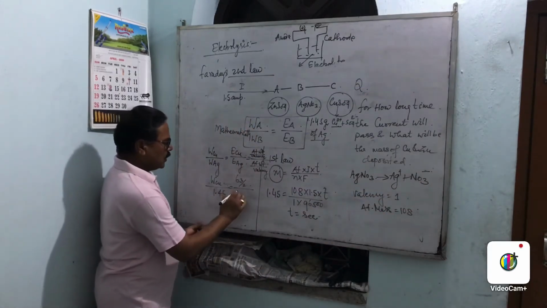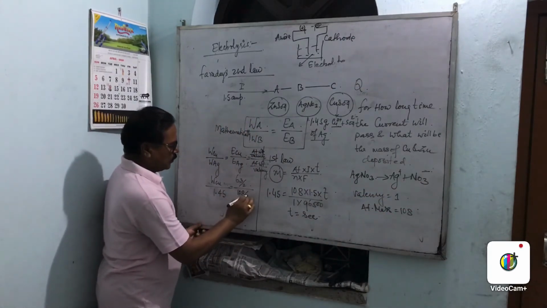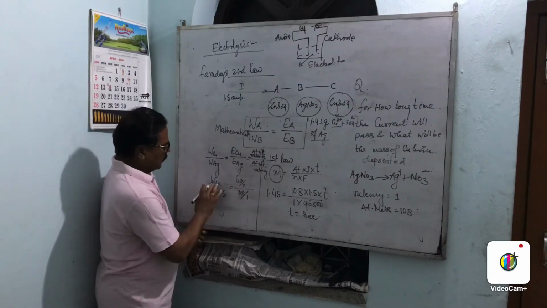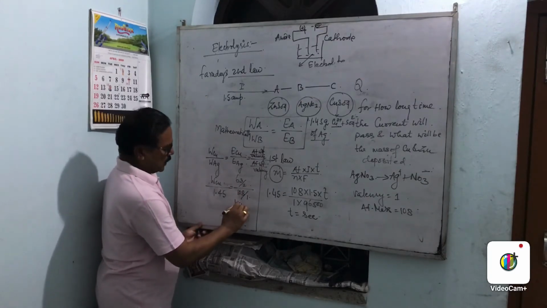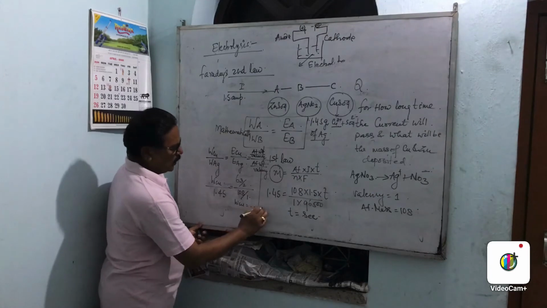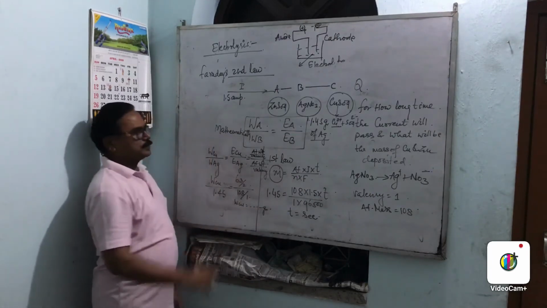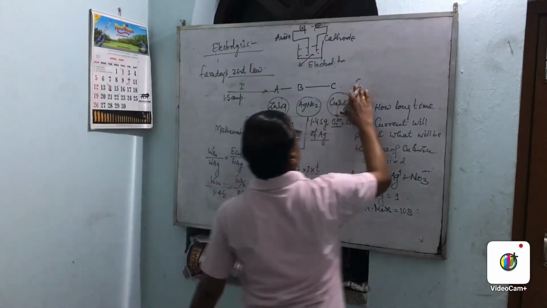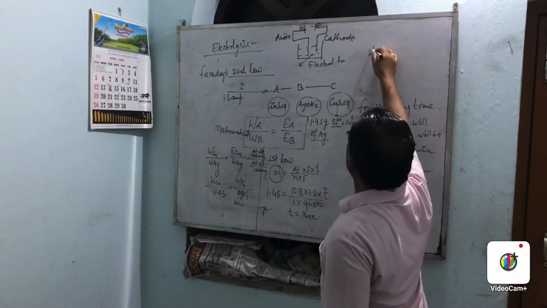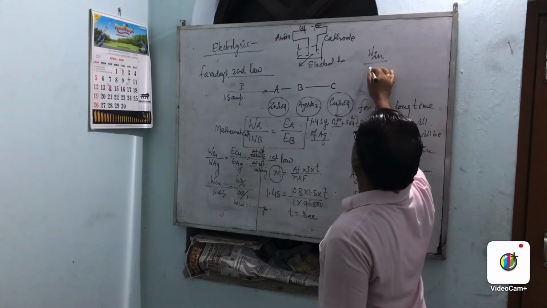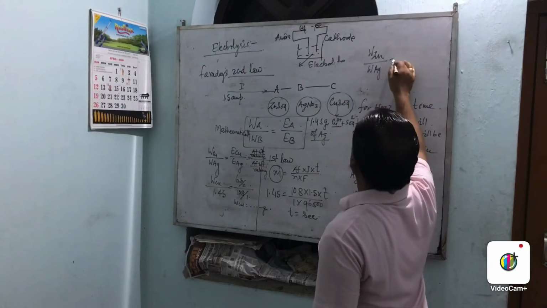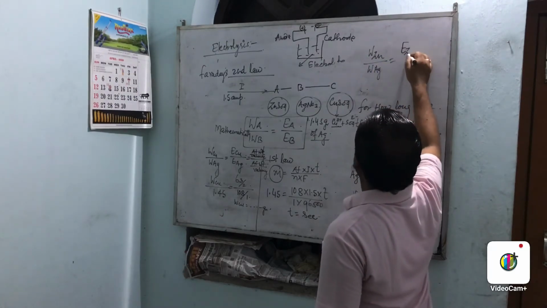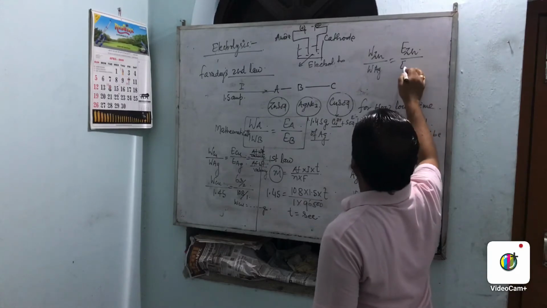So we put here 108 by 1, and on solving we get the weight of copper, and the unit must be in gram. Similarly, we are able to calculate the weight of zinc. So W zinc over W Ag is equal to E of zinc over E of Ag.